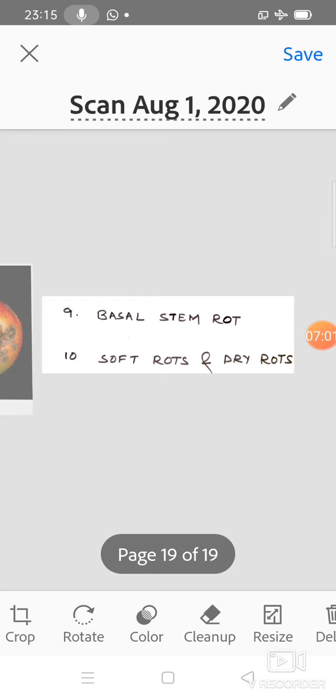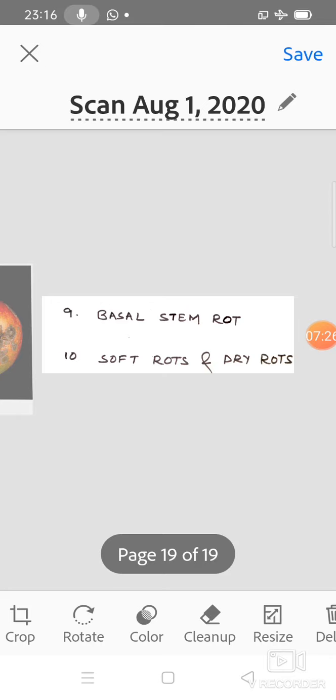How can we differentiate between soft rot and dry rot? We can differentiate on the basis of firmness. So, on the basis of firmness, there is maceration and disintegration of fruits, roots, bulbs, tubers and fleshy leaves. There is soft rot and dry rot.